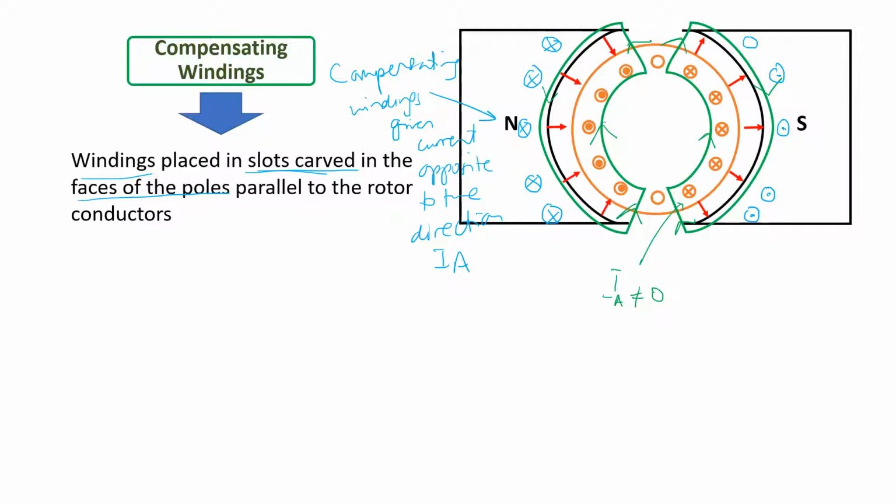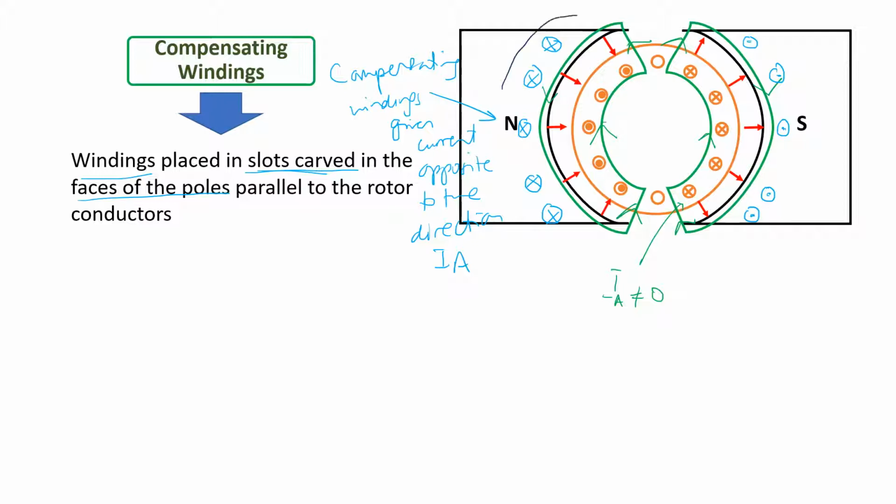Okay, so now we have currents flowing in the compensating windings. And the currents in the compensating windings would then produce its own magnetic field. So the field from the compensating windings will flow using the right-hand rule on the north pole as the compensating winding currents are going in.